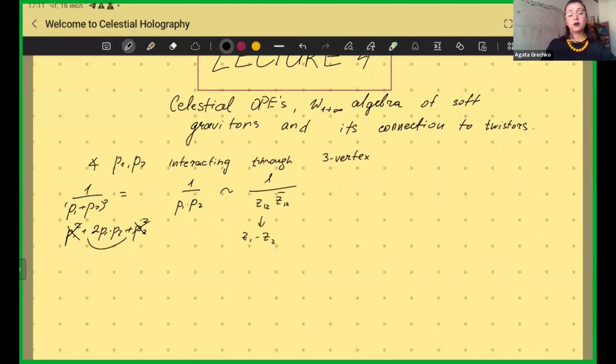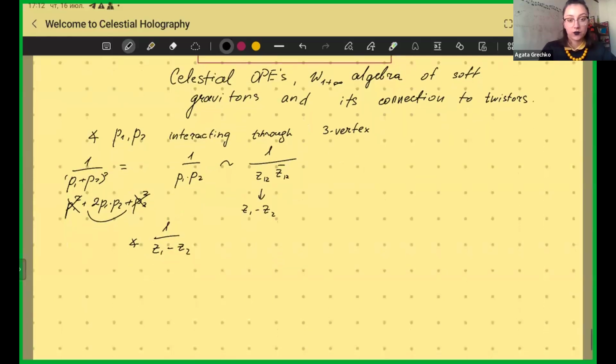And an important part here is that we will consider positive helicity gravitons, and for them we will only need the holomorphic part of the pole. So from now on, we talk about the holomorphic poles of the form 1 over Z1 minus Z2.